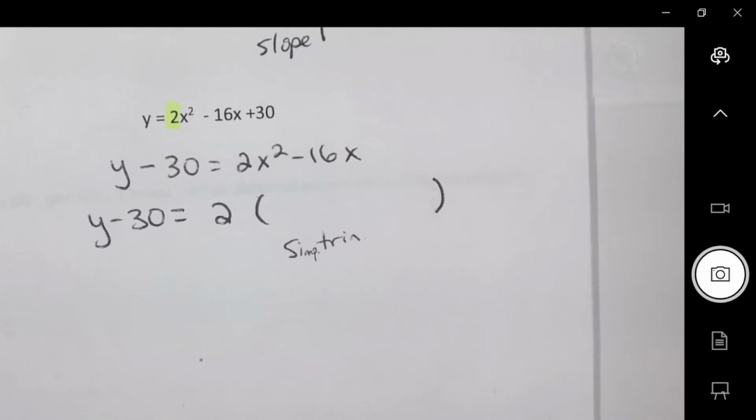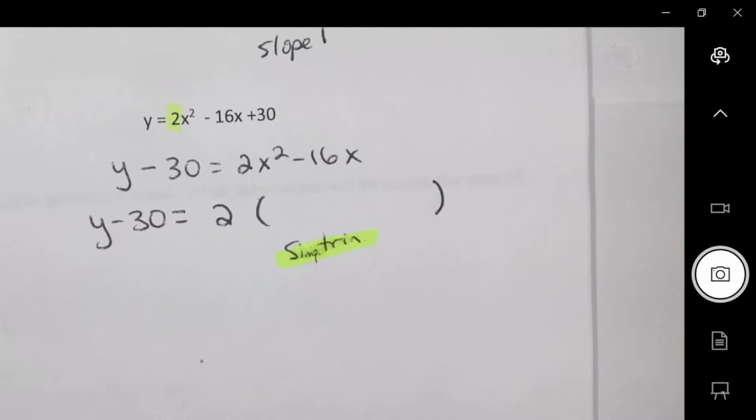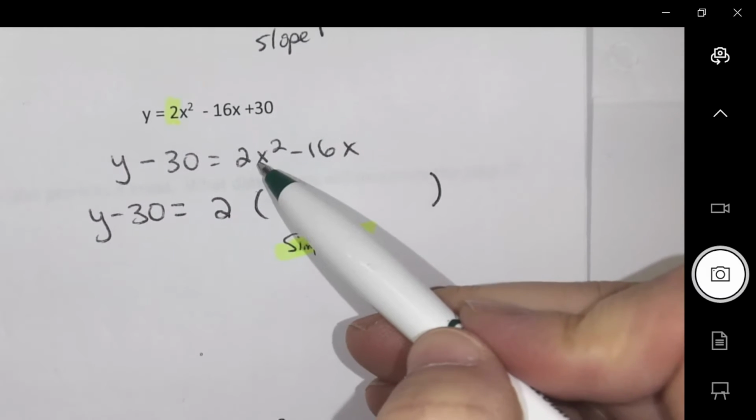Okay, here's the point of all this. Every time we're doing this process, we're trying to make ourselves that perfect, simple trinomial. That's why we're getting that 2 out, because we need a simple trinomial. So I'm taking the 2 out.